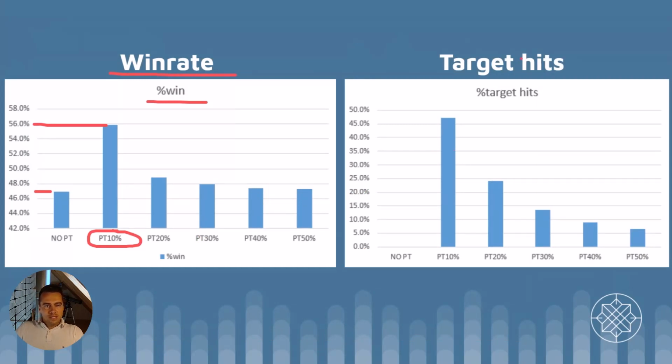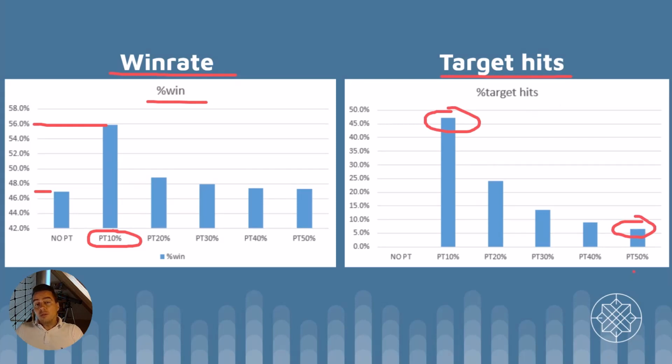But what you can see also on this chart, which shows how many times a target gets hit, is that the higher the profit target, the lower the percentage of hits of the profit target.